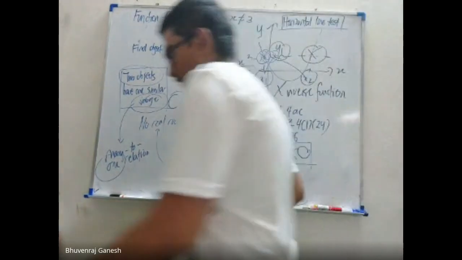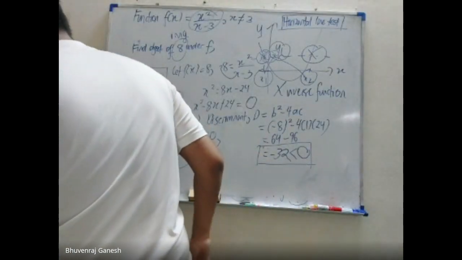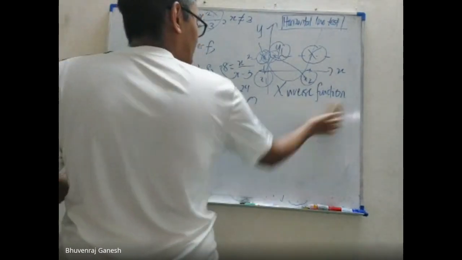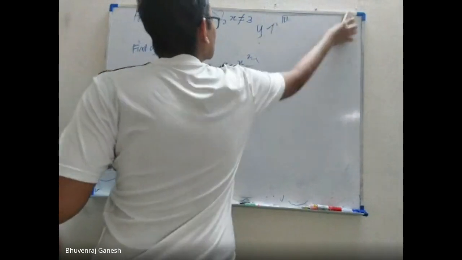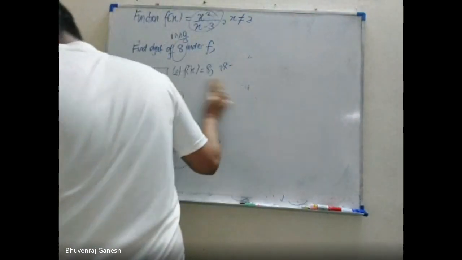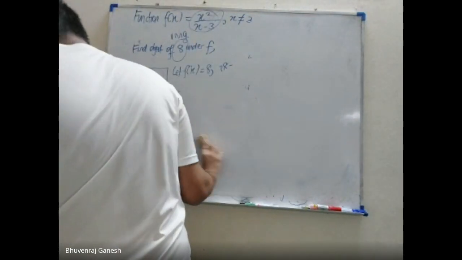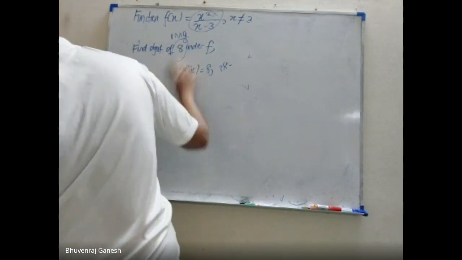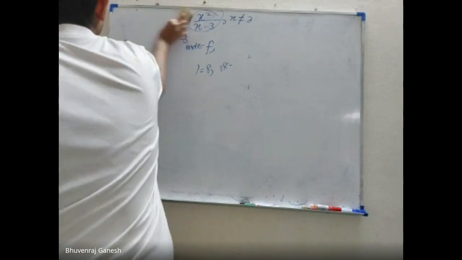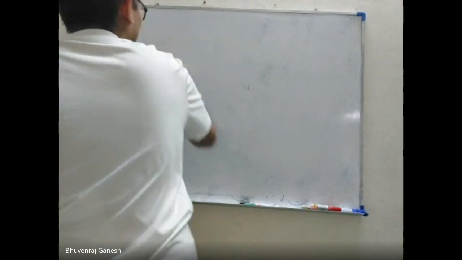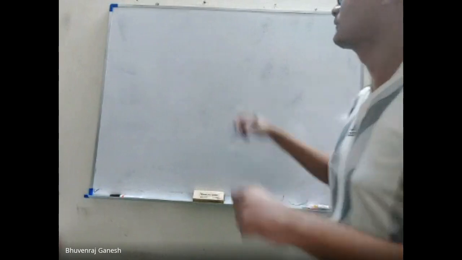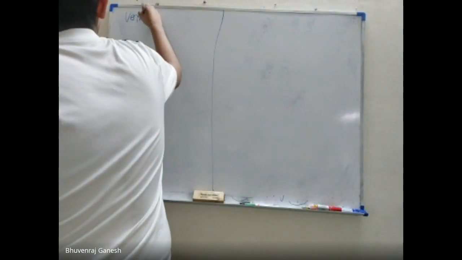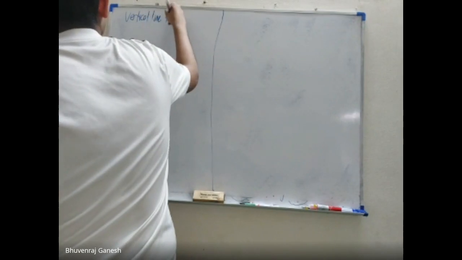So let's say I have a linear equation. Before that, let's try to differentiate between the vertical line test and the horizontal line test, so you can see the significance and difference between these two.